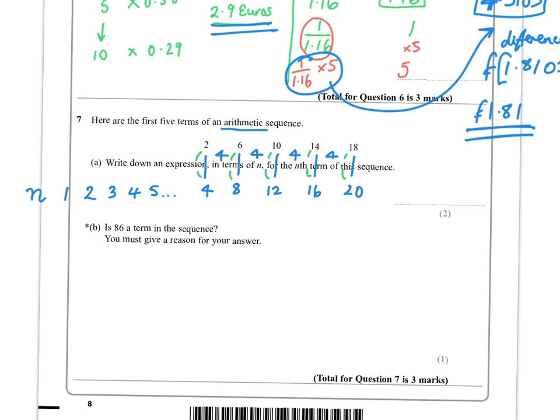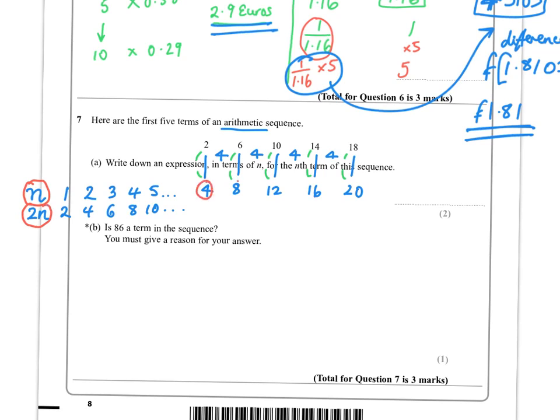And if that's the case for n, then 2n would be 2, 4, 6, 8, 10. It'll be double the amount. So you can look at n as being the 1 times table and 2n as the 2 times table.